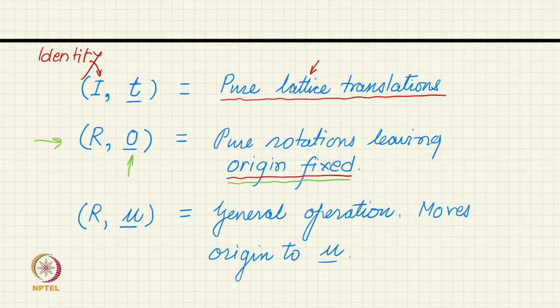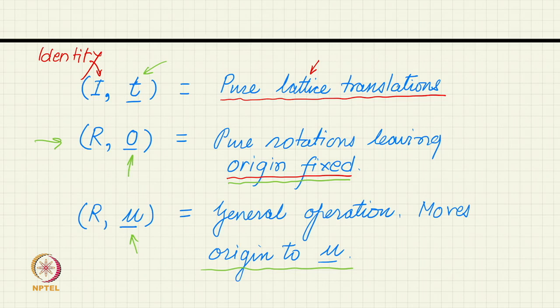Then you can have a more general operation where the origin moves to the vector u. We have already seen this. I am writing it u to distinguish it from t. So, t I am taking as lattice translation and u as a general translation.